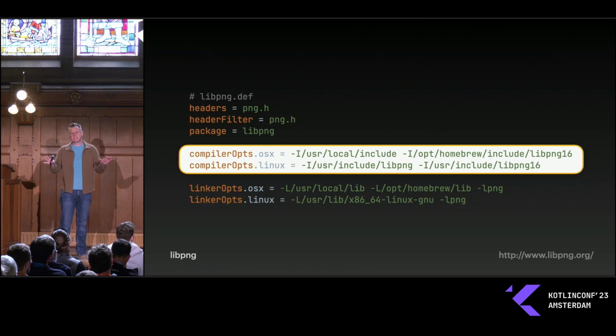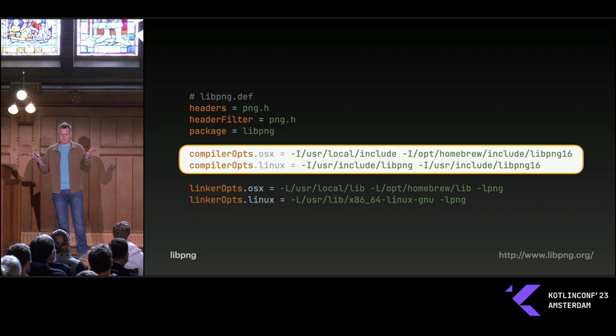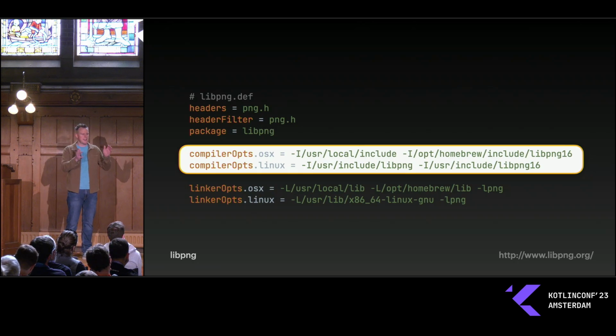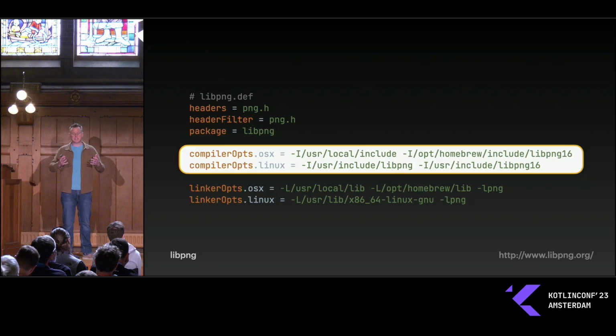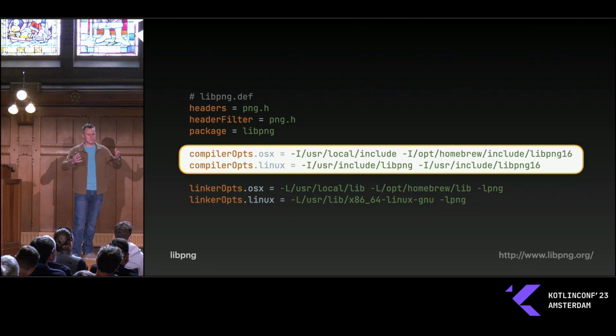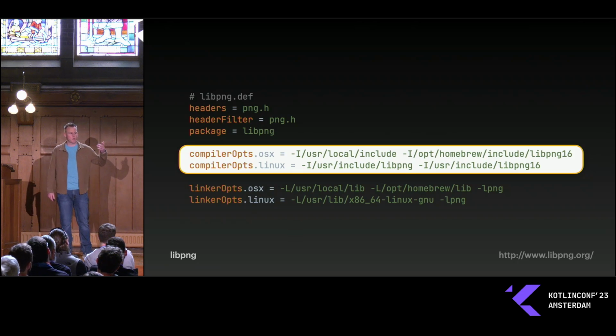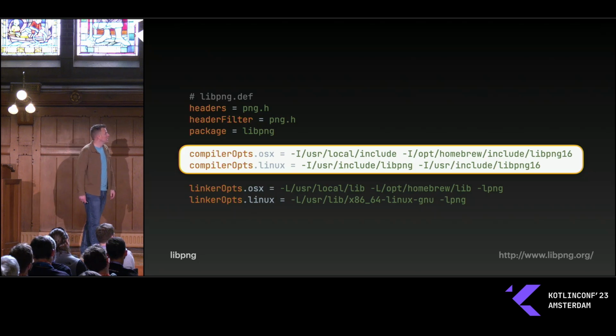And the headers, if you haven't done a lot of native development in C and C++, you usually have a header and an implementation file, and the header is effectively the public API or the public interface for whatever you're implementing. So when you're writing and compiling the code, you need to compile it against that header. And so in this case, we need to tell the compiler where to access those headers.